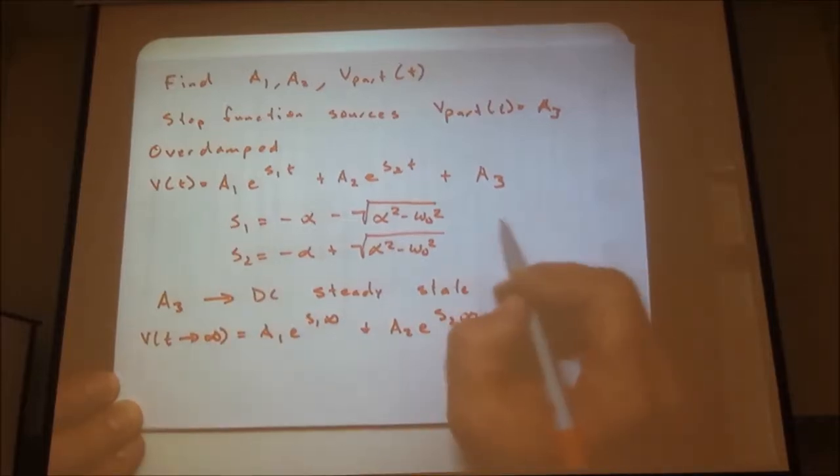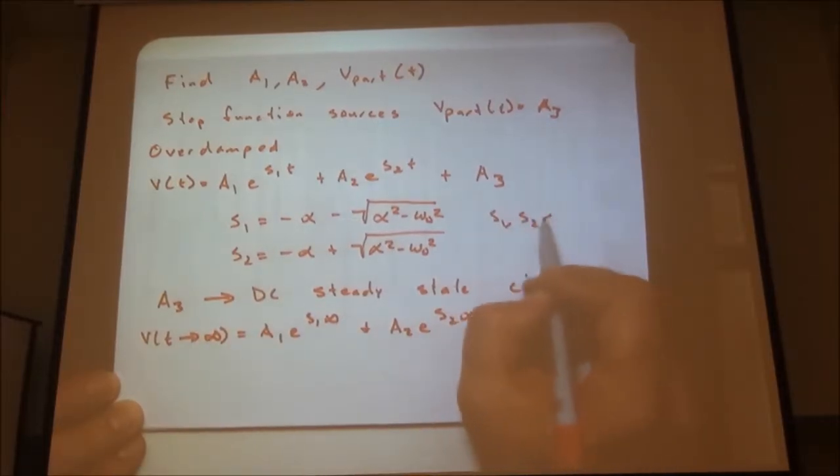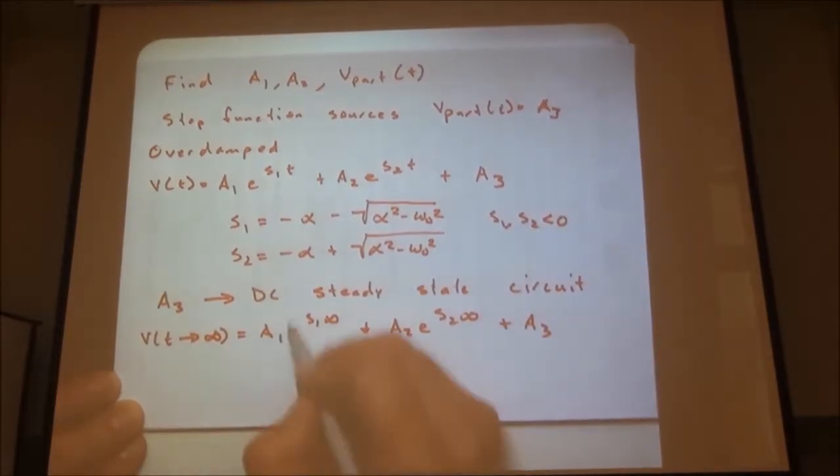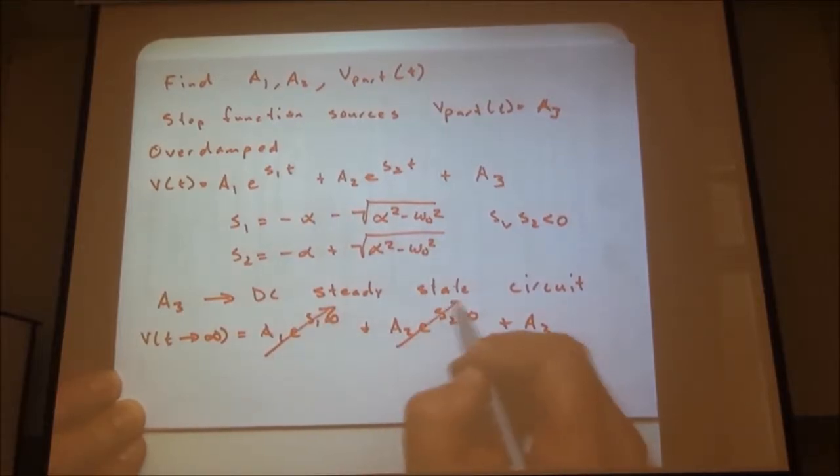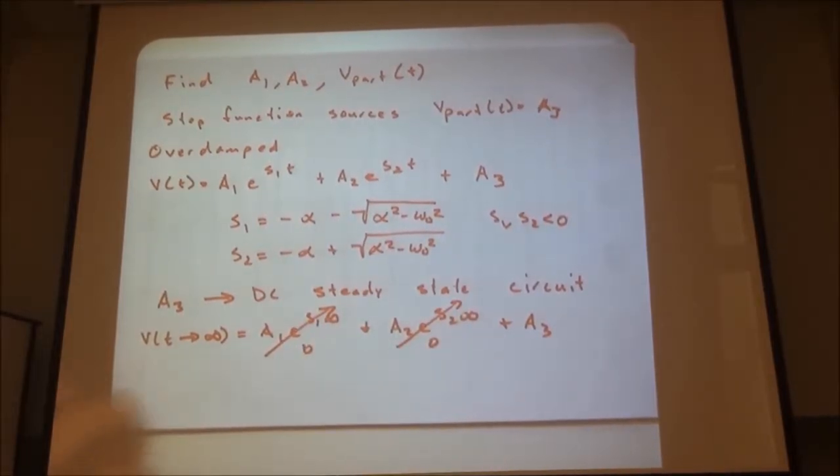But remember, s1 and s2 are less than 0. So what happens to these guys? They go to 0. And there's our DC steady state analysis. So the voltage across whatever component we're looking at, or likewise, if we were looking at current, whatever that value is from our DC steady state analysis, that's directly A3.